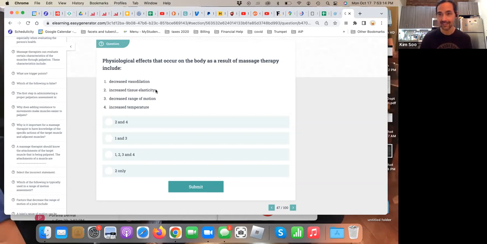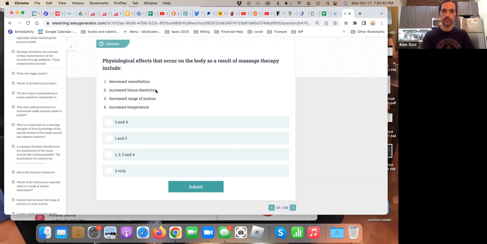Yes, and what would happen to your range of motion and your temperature? Would those increase or decrease? Both of those would increase.